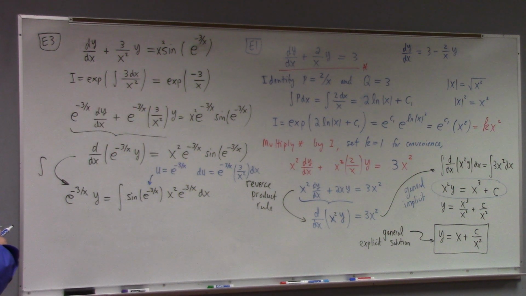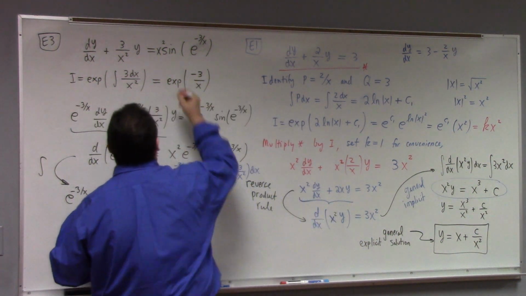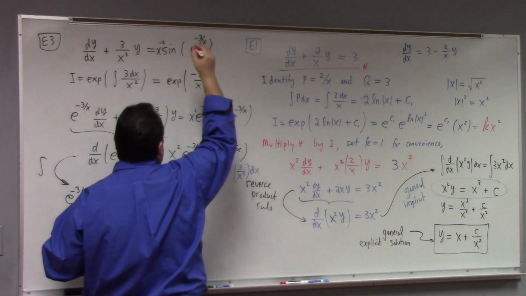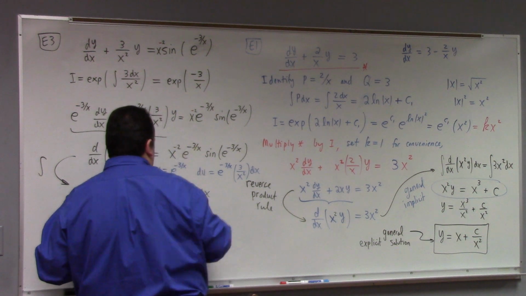Oopsie. I want to change my problem again. This is easy though. All you need is a little red marker. We want to make this a minus 2. There we go. Minus 2.